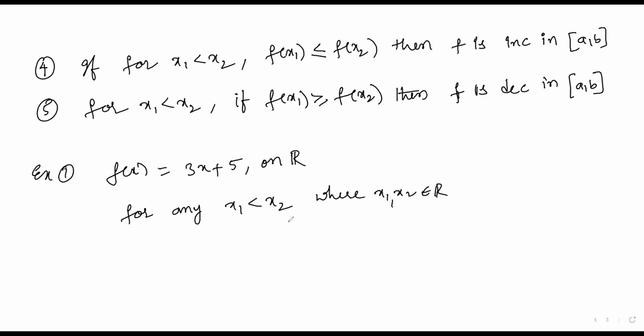Then 3x1 is also less than 3x2, and 3x1 plus 5 is also less than 3x2 plus 5. So f of x1 is definitely less than f of x2. Also, you can say this is a strictly increasing function. By using the definition, you can do it.